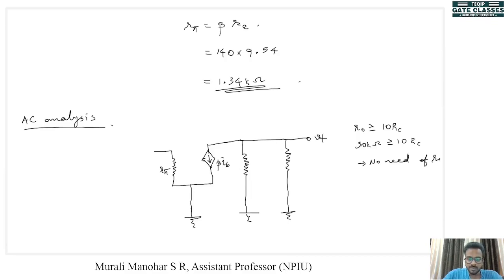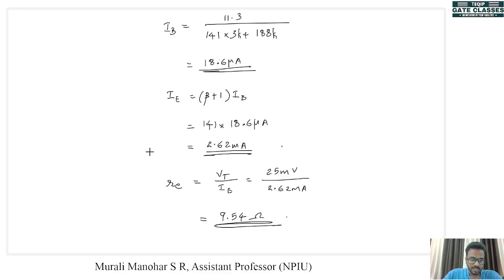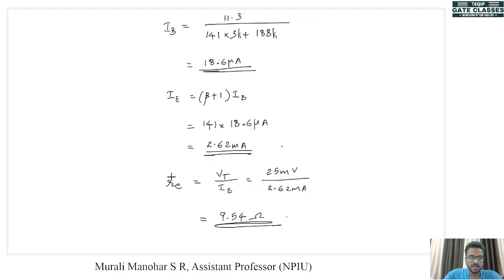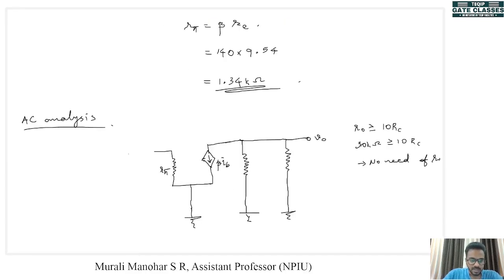Here we have the V out. This part is the output side, and on the input side we have this 120K connected to the ground. So here we have just a 120K connected to the ground. Okay, so this is 120K, this is 3K and this is 68K. Here we have our input.